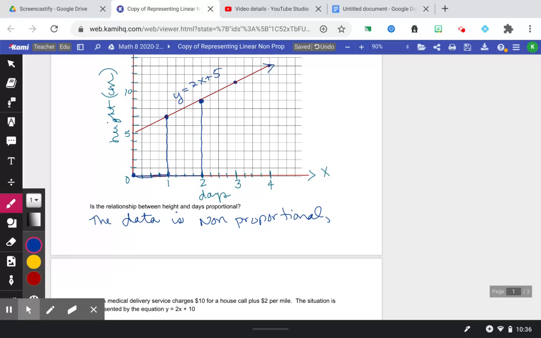Okay, it does not go through 0, 0. So the line does not pass through 0, 0. Okay.